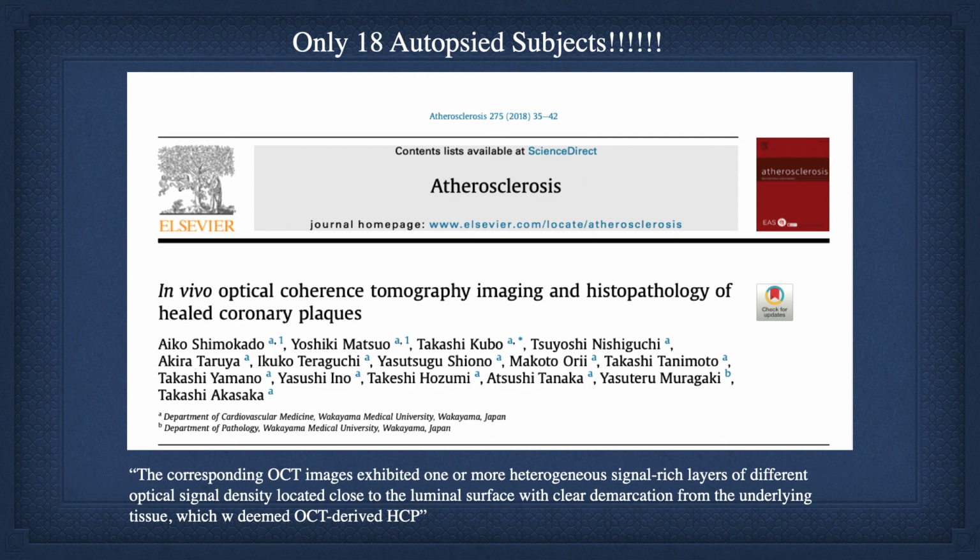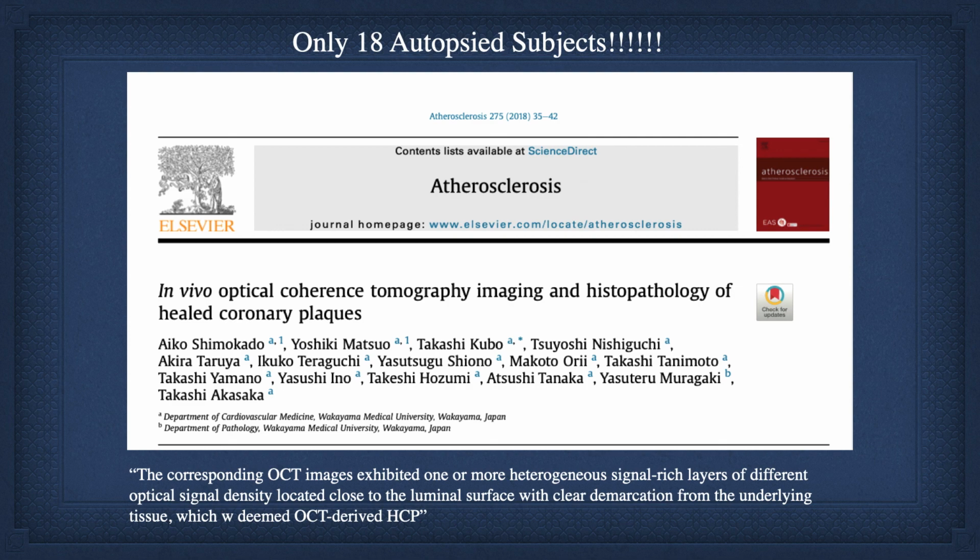But if you look at the paper, as far as I know, all the other studies that are, quote, assessing healing did not do in vitro studies to validate. So it's based, as far as I can tell from the paper, on 18 patients, which is a very small number compared to the number of studies that were done in vivo with layering.